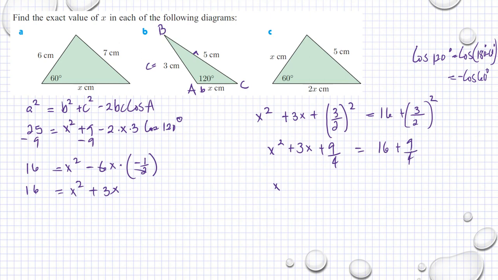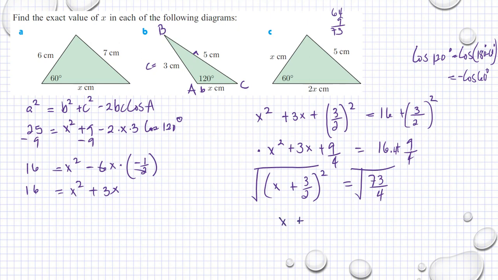This should be a perfect square now. So x plus 3/2 squared is equal to 16 times 4, 64, plus 9, 73. So 73/4. Take the square root.